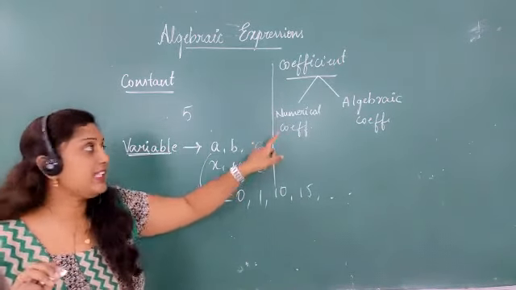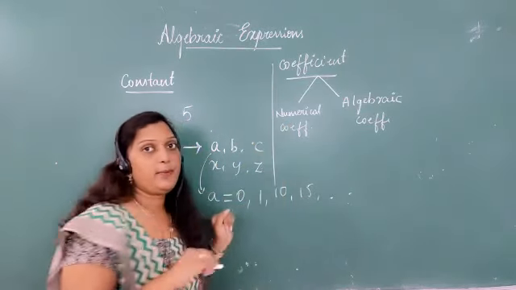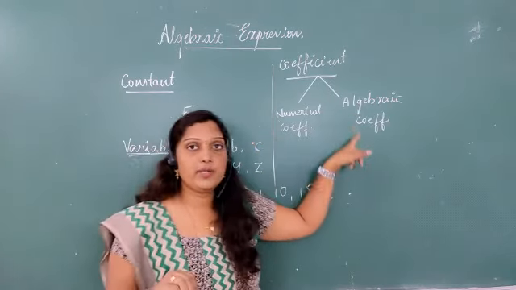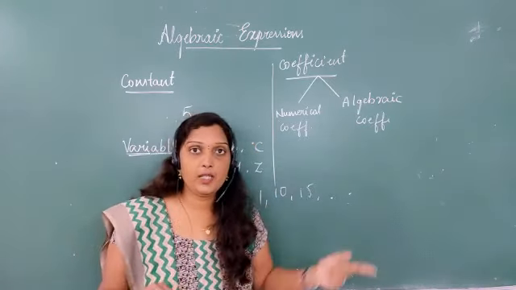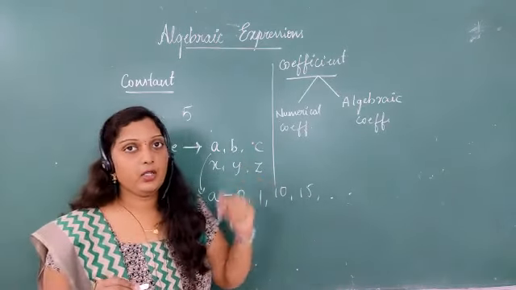The name itself says numerical, meaning any number multiplied by a variable is called a numerical coefficient, and in an algebraic coefficient, any variable multiplied with another variable is called an algebraic coefficient.